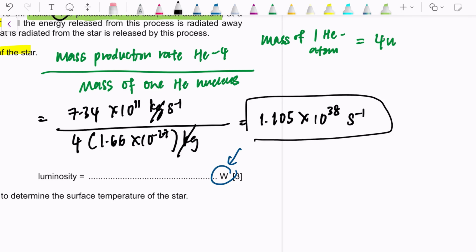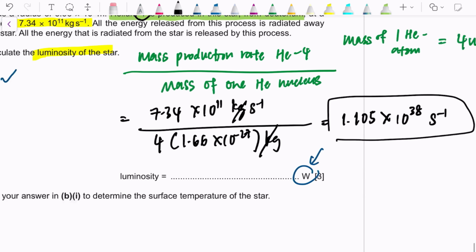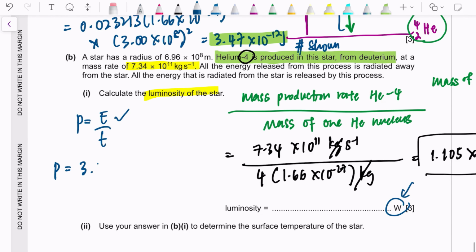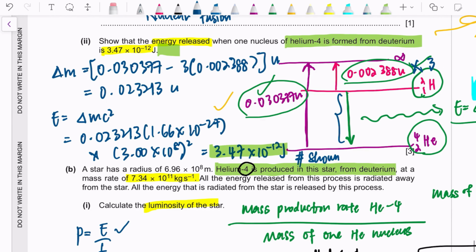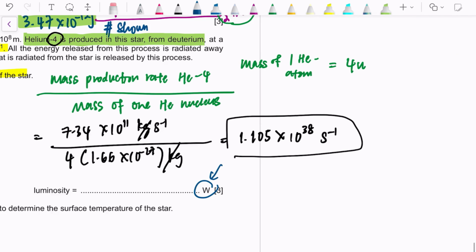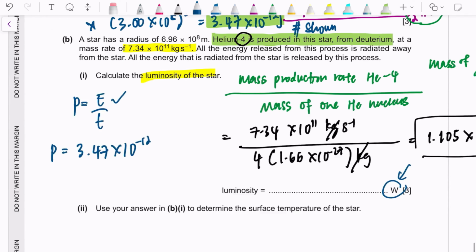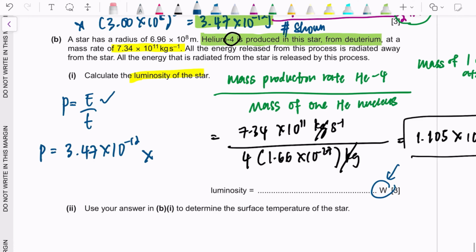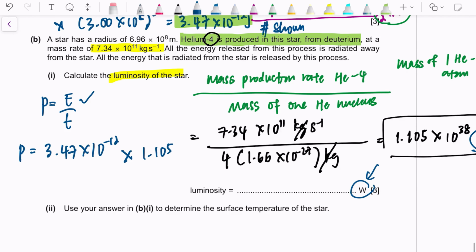So since we have this value now, we can sub it inside here. P equals our energy, which was 3.47 times 10 to the power of negative 12. And this is per second already, so you don't divide by the value. You straight away just times 1.105 times 10 to the power of 38.